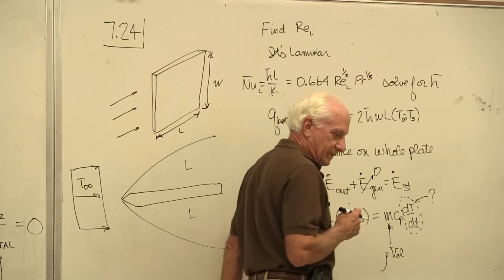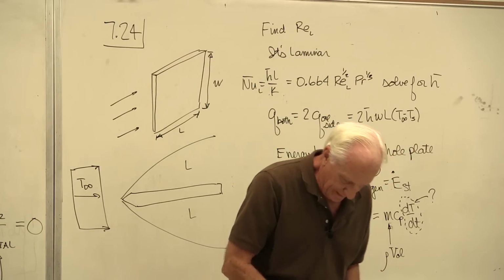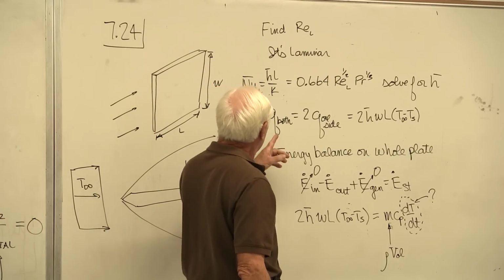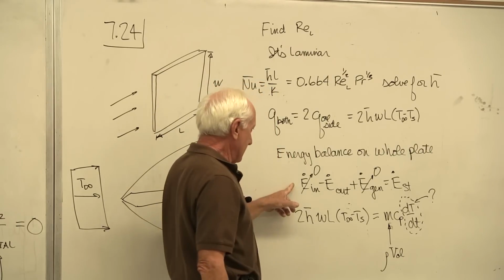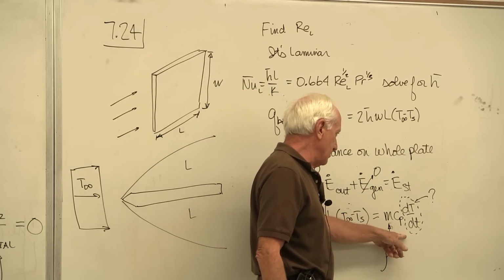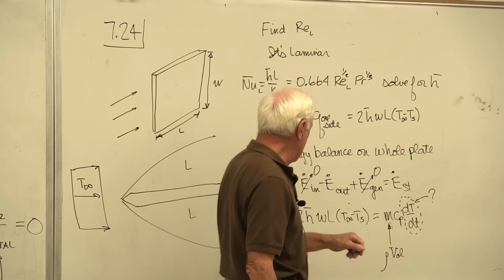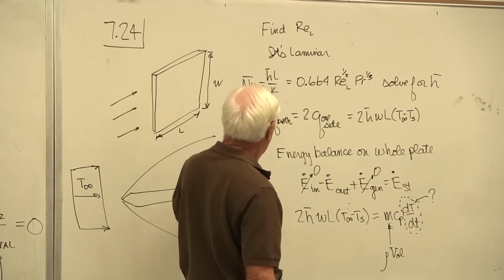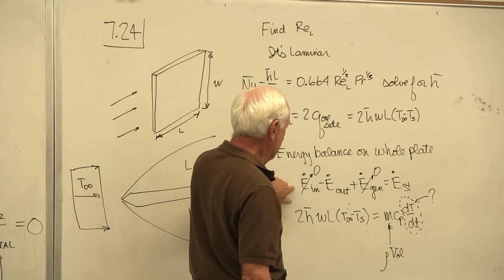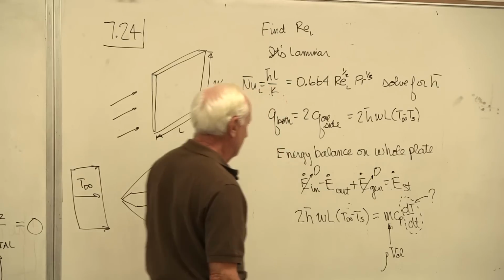So solve that guy for dT d time. Chapter 1 again. Realize what E dot storage is, M C sub P dT d time, and then get h bar from up here, chapter 7. So chapter 1, chapter 7, and what's E dot storage from chapter 1 too.